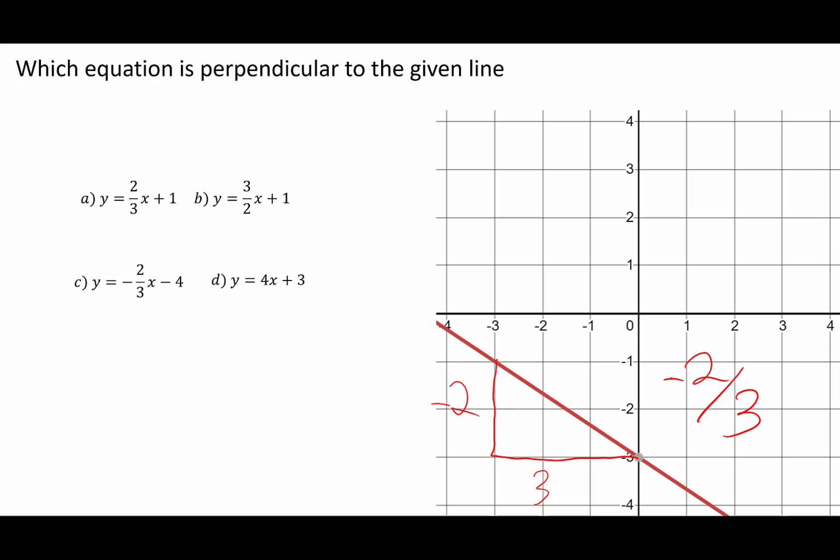So remember, with perpendicular, we're going to flip the fraction and change the sign. So when I flip my fraction, I get 3/2. It's negative, so my slope needs to be positive. So looking at my choices here, which slope is the opposite reciprocal of 2/3? Okay, that would be B, positive 3/2.